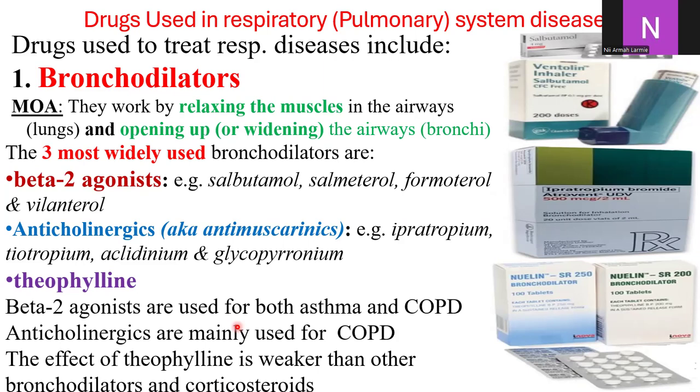Examples of beta-2 agonists include salbutamol, salmeterol, formoterol. They have different durations of action, and so depending on how long you want the drug to act, you may choose the appropriate agent.